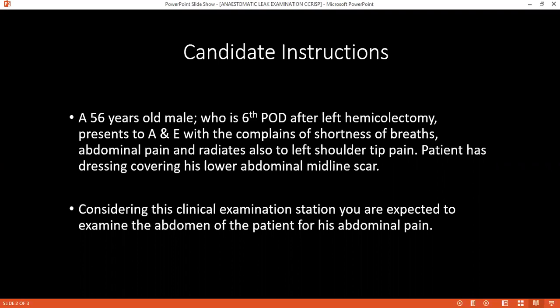And then I'll move to the circulation. In circulation, I'll check the pulse and blood pressure and capillary refill time, temperature, and also edema, dehydration, or anemia. Then I'll move to the disability; as the patient is talking, he's alert.